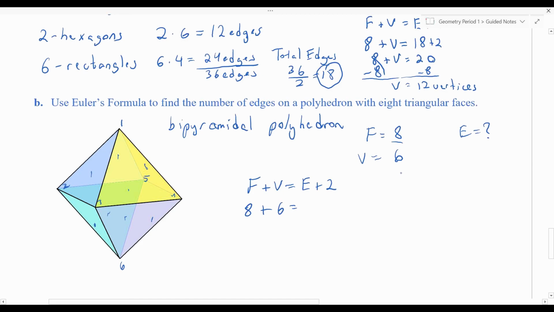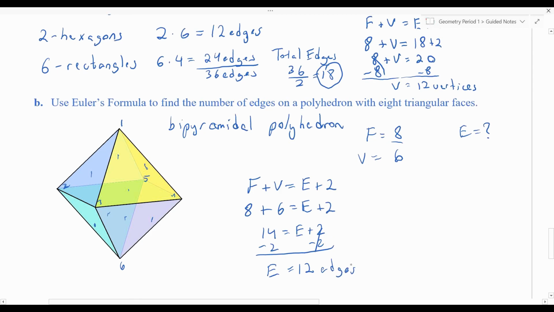Then we're solving for the number of edges, so we have E plus 2. So 8 plus 6 happens to be 14. 14 equals E plus 2. Then we subtract 2 from both sides, and we get that E equals 12. So our answer is 12 edges.